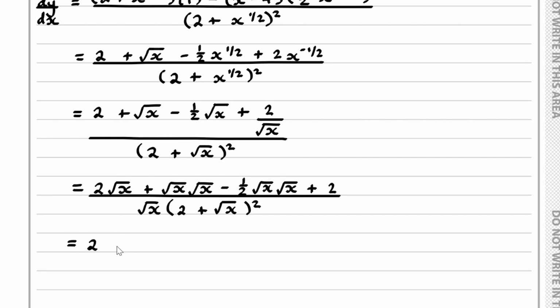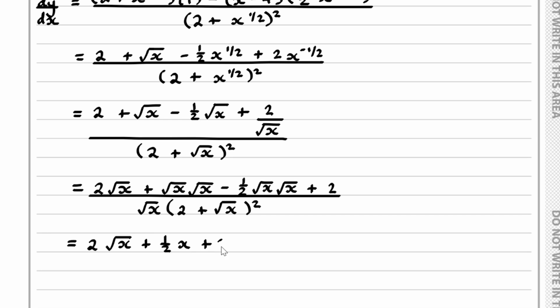So, we've got 2 square root x. And then here we've got x minus a half x, which is minus a half. So that's going to be plus 1/2 x, because I've got root x, which is just x.